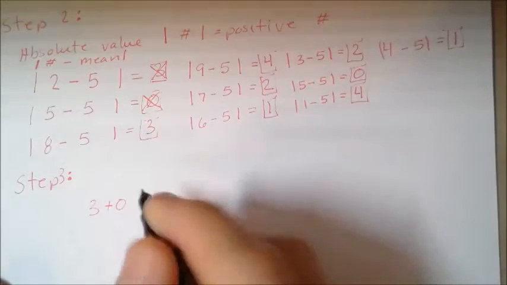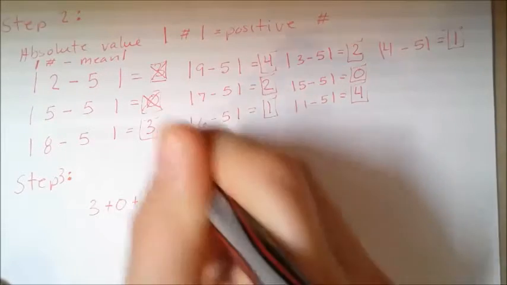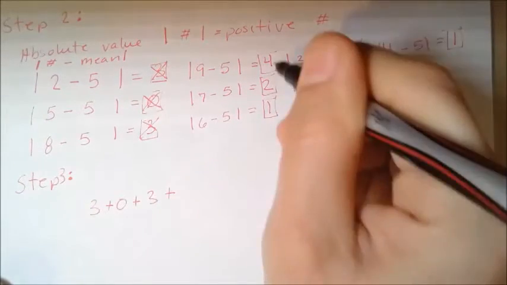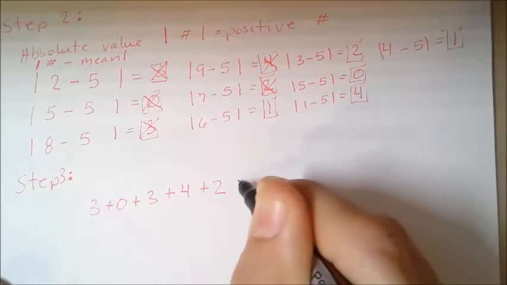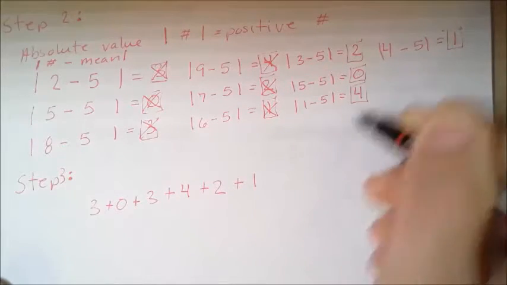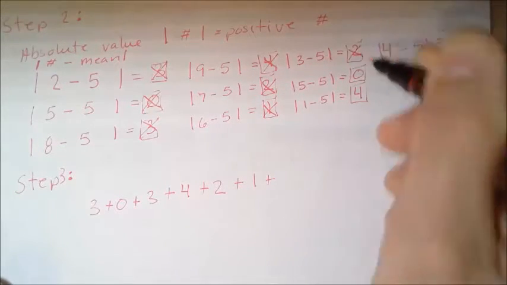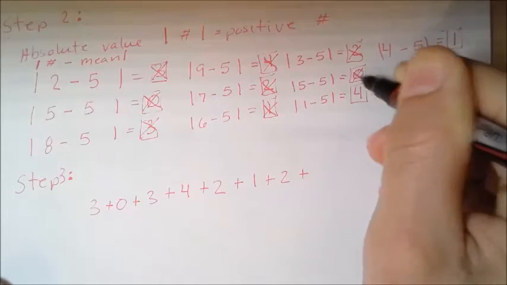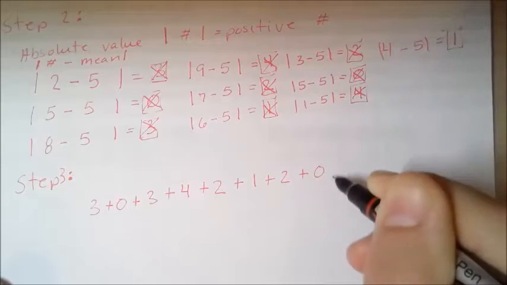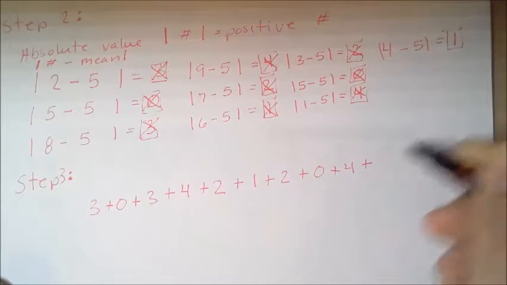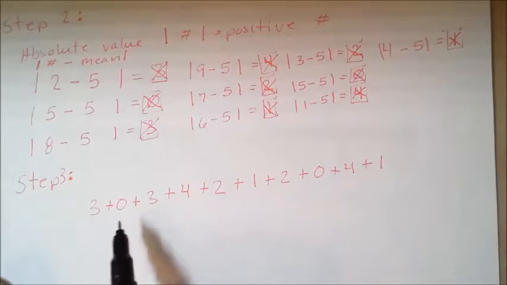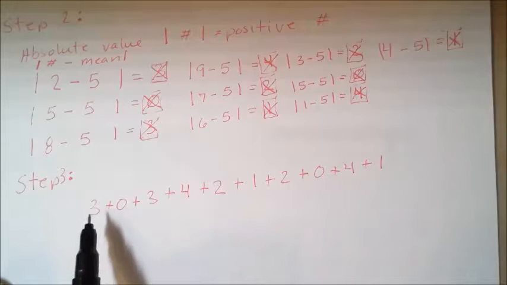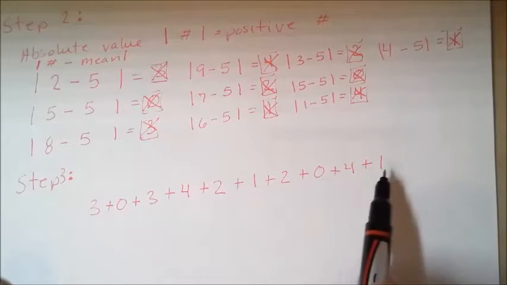And then I have plus 3 plus 4 plus 2 plus 1 plus 2 plus 0 plus 4 plus 1. And the key thing is, we know that we had 10 numbers starting out with. We should still have 10 numbers being added together. And here's 1, 2, 3, 4, 5, 6, 7, 8, 9, 10.